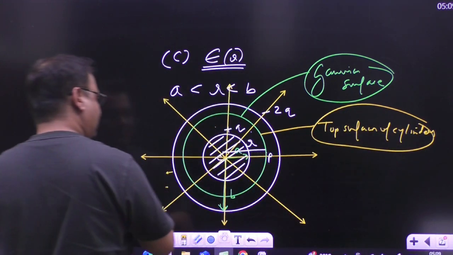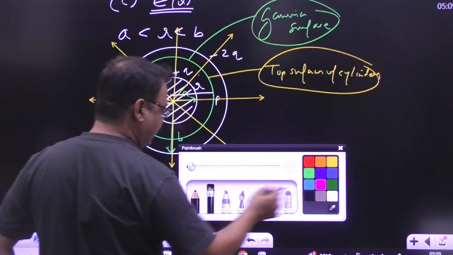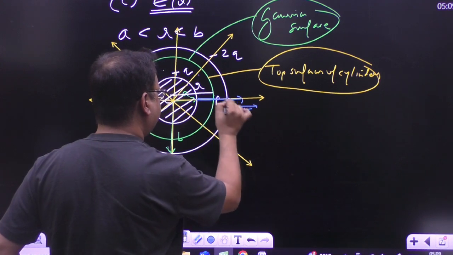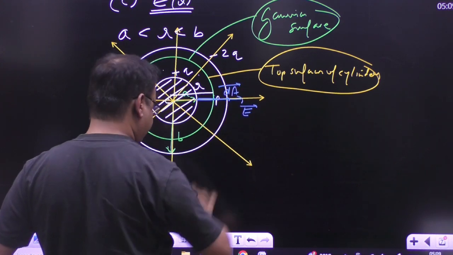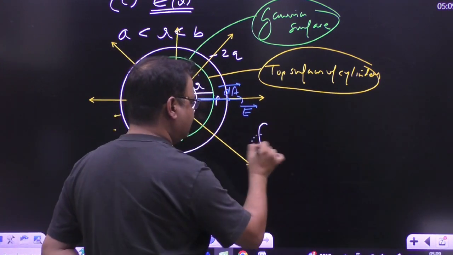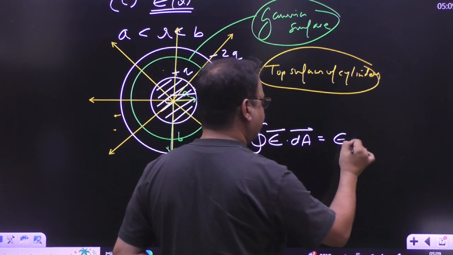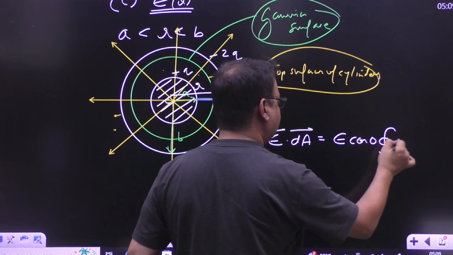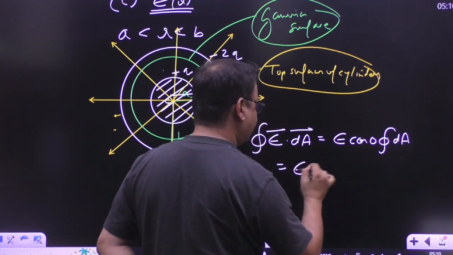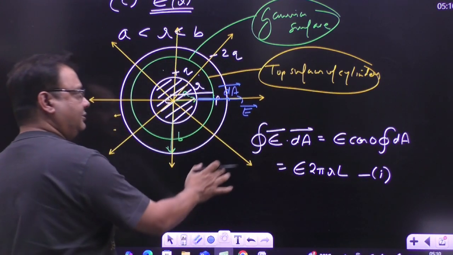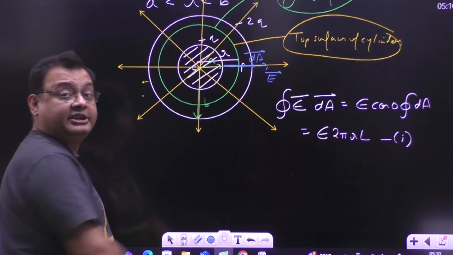Now you will find the surface integral. You know the cylindrical Gaussian surface in cylindrical symmetry has E and dA in the same direction. So I'll get E dot dA is E cos 0 dA. So I'll get E 2 pi RL. That is the surface integral of the electric field.